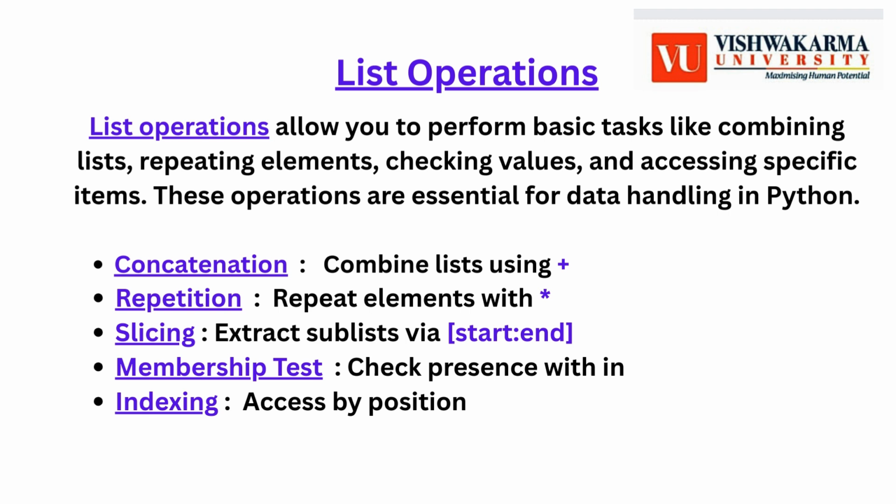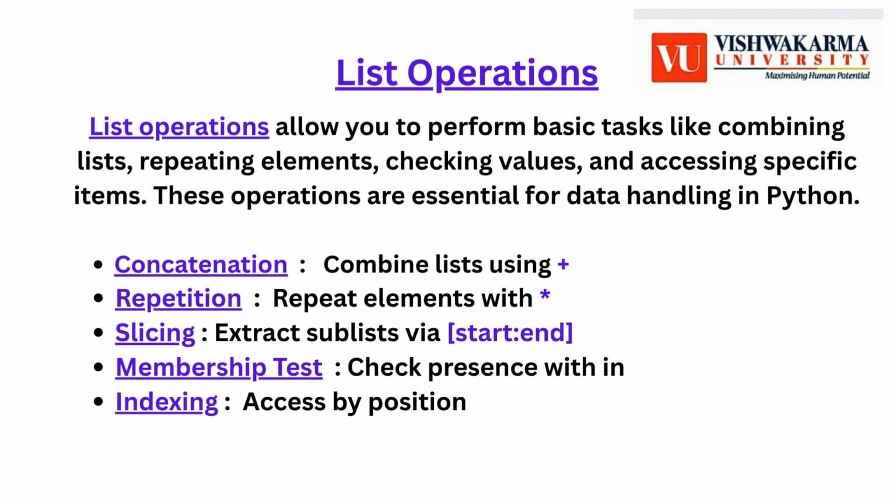Next is slicing. Slicing means we extract a sublist using start and end. And the last is indexing, which means access by position. From the starting we take index 0, 1, 2, 3, because usually the index starts from 0 only.